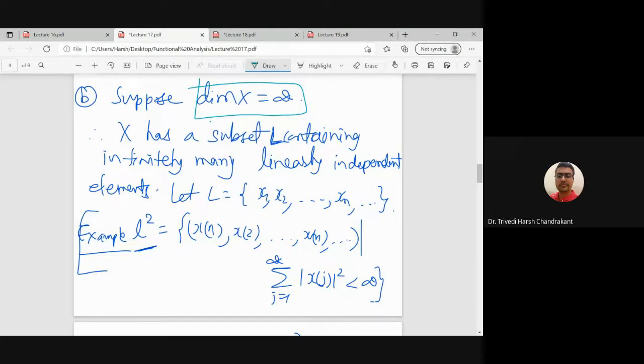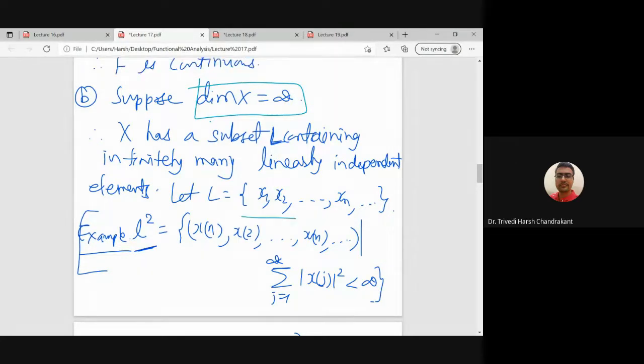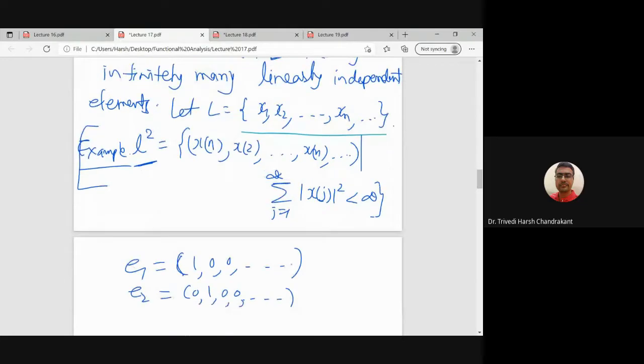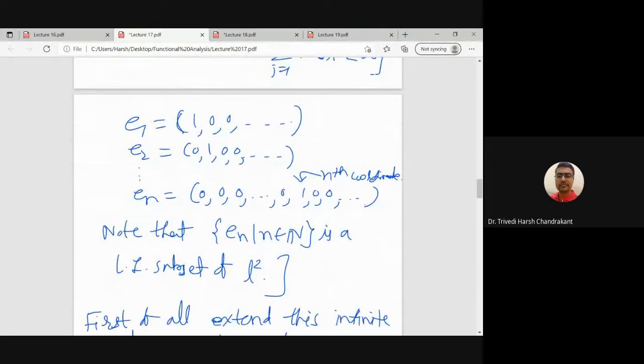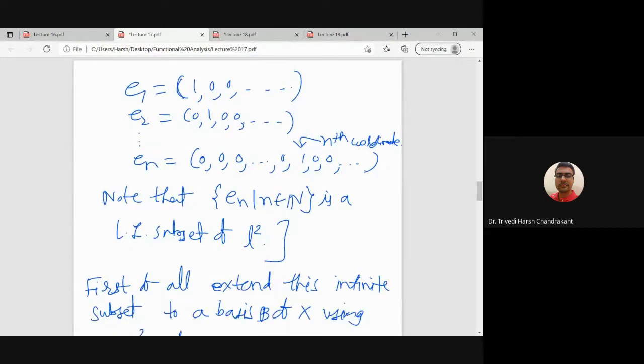Whenever we have an infinite dimensional vector space, we can always find a linearly independent subset of the infinite dimensional vector space. So here in L2, we know that this is a linearly independent subset which consists of infinitely many elements.